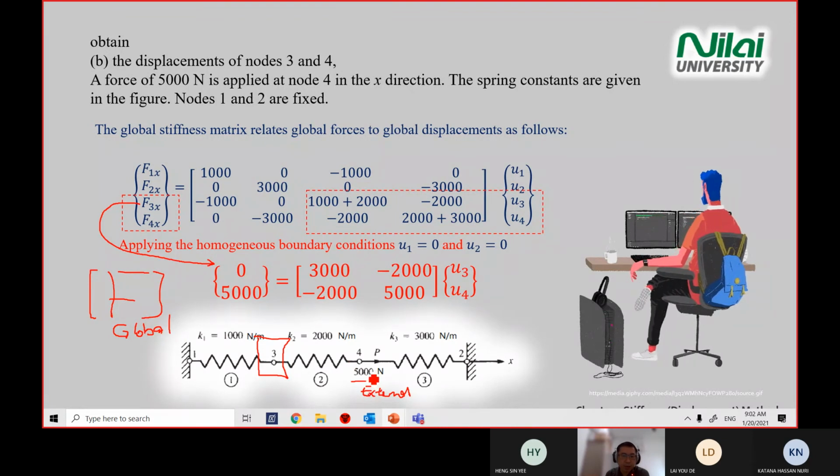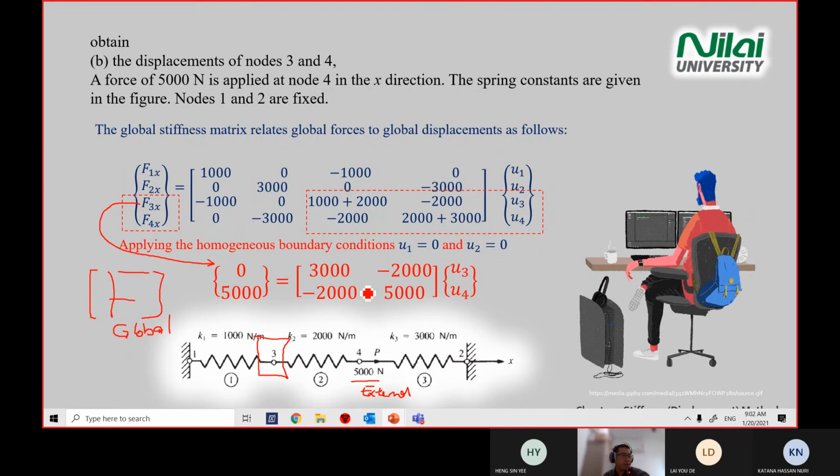So you apply 5,000 inside the equation. Here, why this one becomes 3,000, I already explained, or it is self-explanatory. Then this one, why it becomes 5,000, is also self-explanatory. And you copy U3 and U4. So here, this equation. If you look at this matrix: 0, 5,000, 3,000, negative 2,000, negative 2,000, 5,000, U3 and U4.